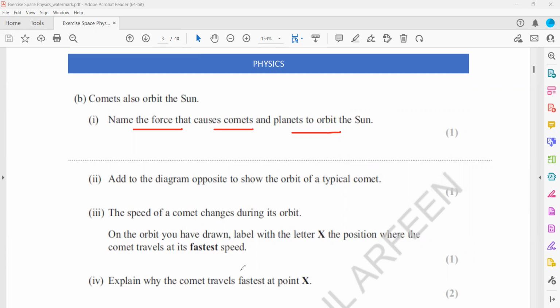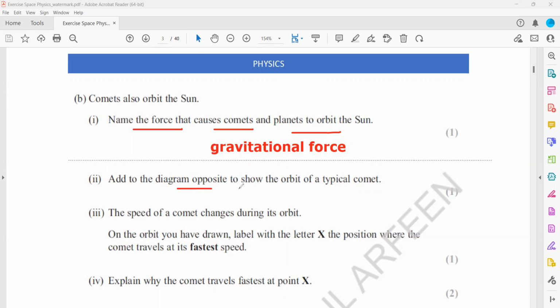All the forces acting toward the center are called centripetal force, but here you should be specific. You should use the term gravitational force. The gravitational force is causing comets and planets to orbit the sun.